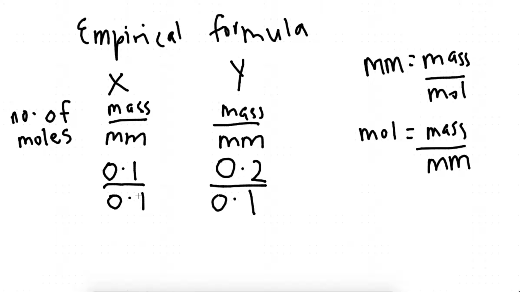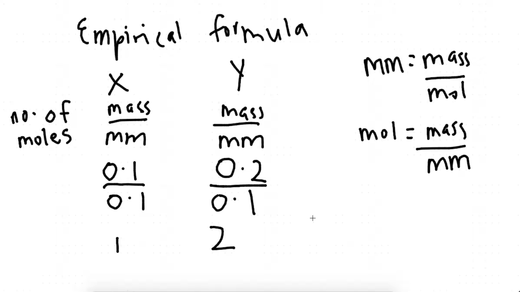The reason we do this is because we want to get 1 on one side, the number 1. So 0.1 divided by 0.1 is 1, 0.2 divided by 0.1 is, 1 second students, 0.2 divided by 0.1 is 2. Now that we have it in this form, we just write down the empirical formula based on these numbers.